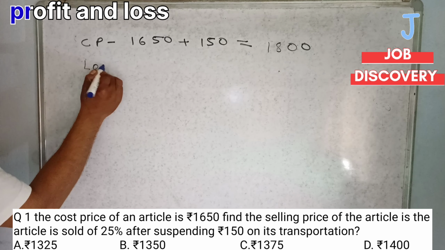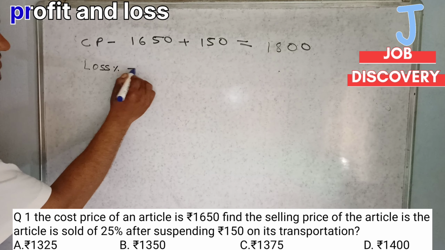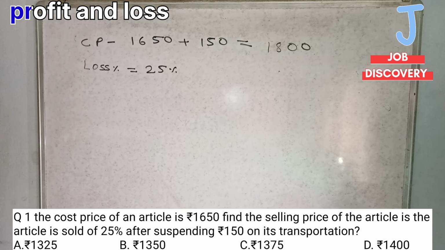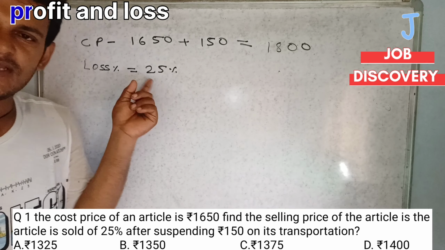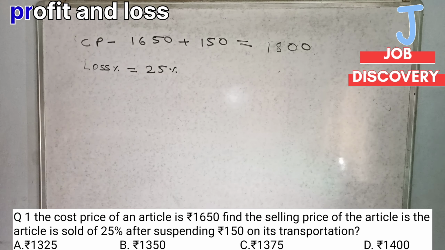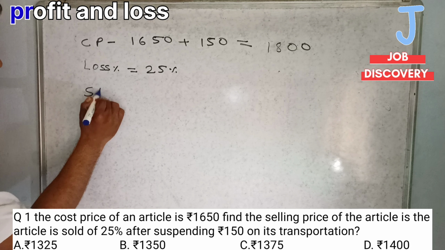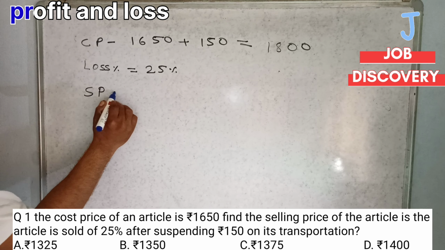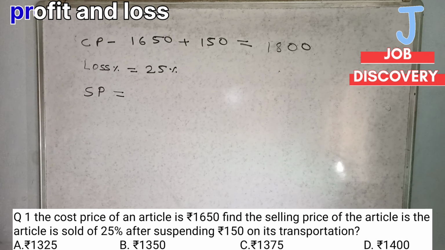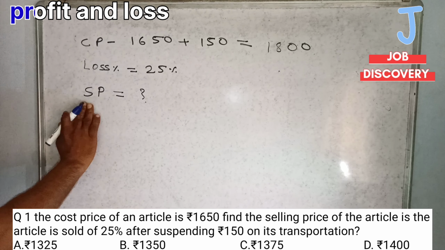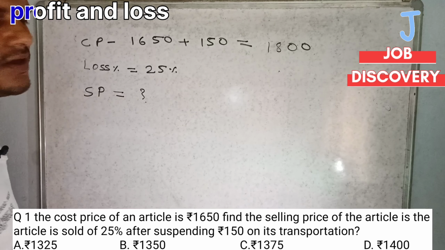And loss percent is equal to 25%, right? In the question given, loss is 25%. We need to know what is the selling price. So selling price is equal to question mark.